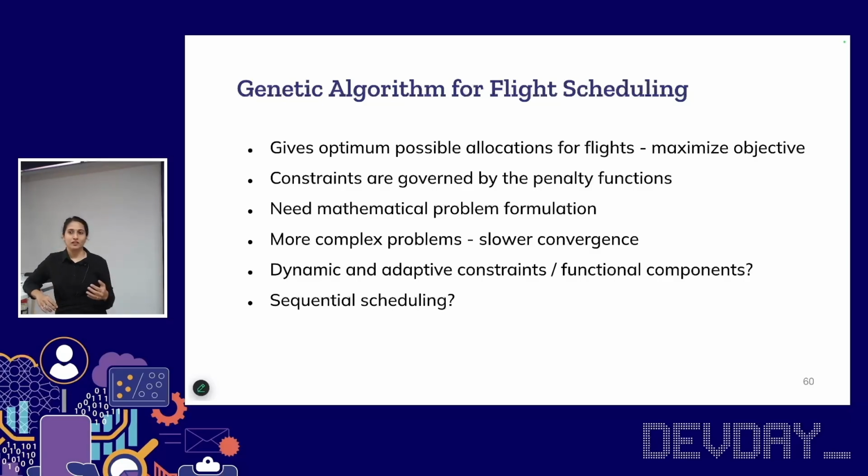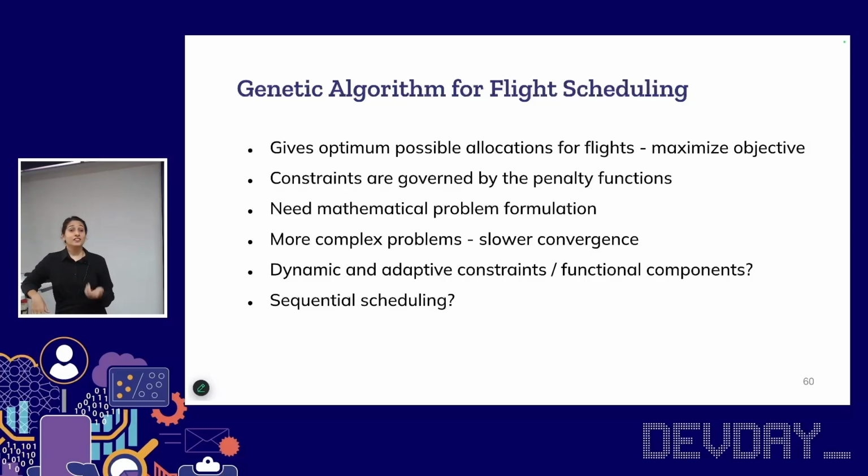For more complex problems, there are like 5,000 flights to schedule and you have 50,000 aircraft. The choices become an NP-hard kind of problem, right? Then the problem itself becomes complex and GA convergence will be super slow, okay?